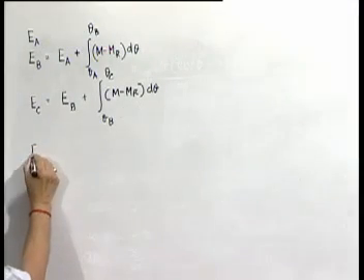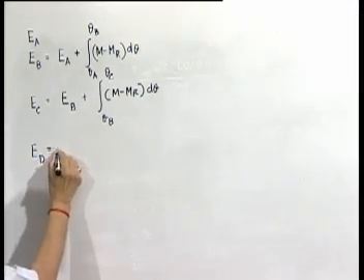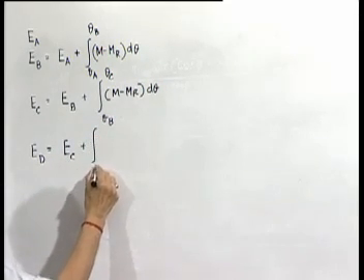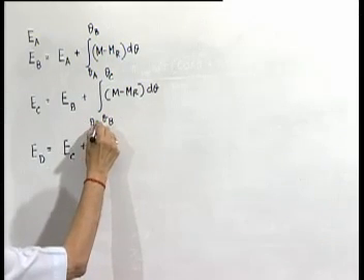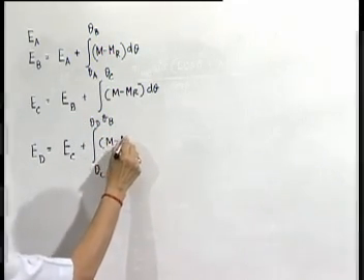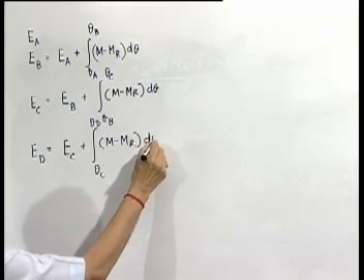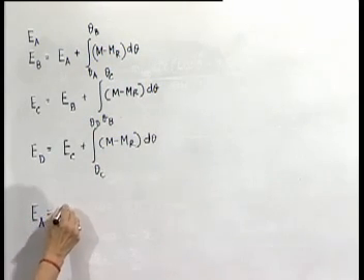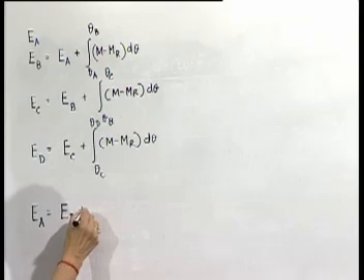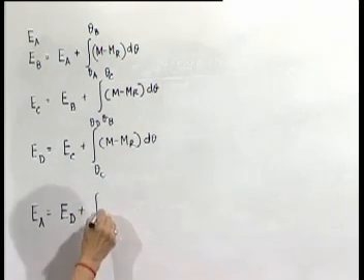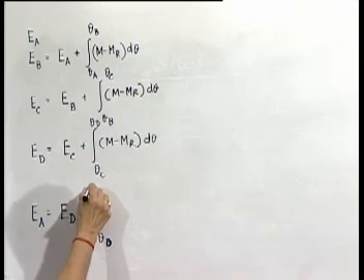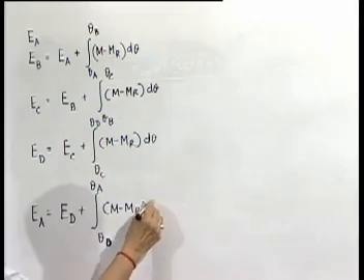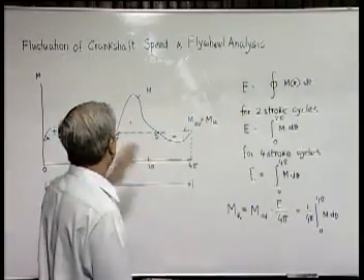Similarly, at point D, the energy ED is the energy at point C plus the next integral, and we then finally come back to A. So this is just an example.